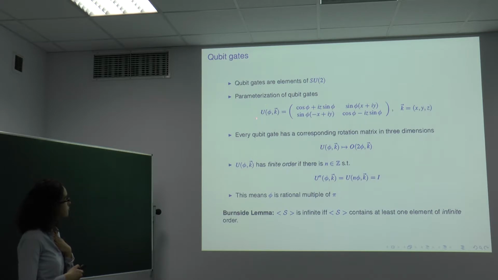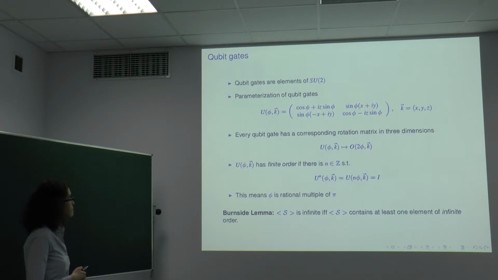We assume the following parameterization, where phi is the spectral angle of a gate, and k is the rotation axis on the Bloch sphere, and x, y, z are the coordinates.